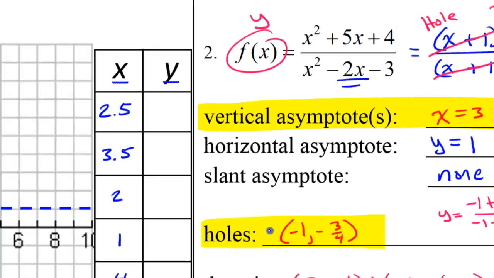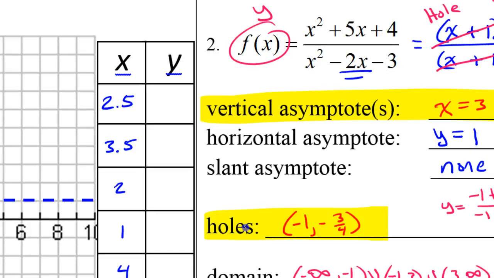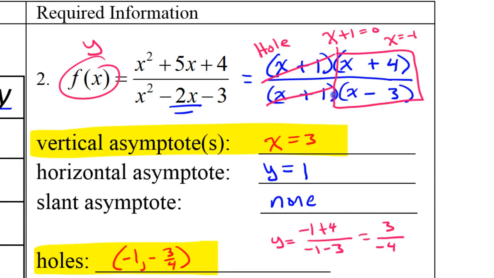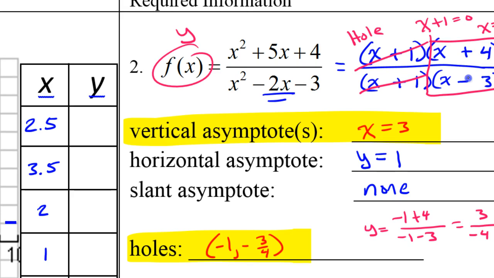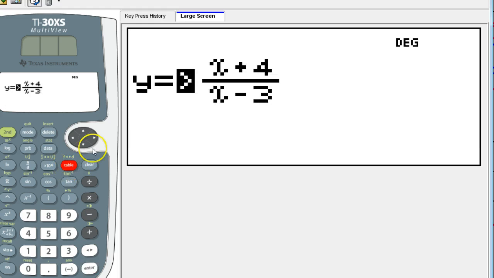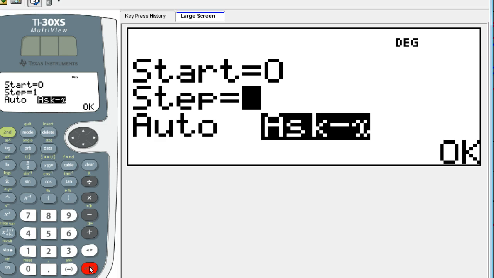Now when I type this into my calculator, it really doesn't matter whether I use my original function or the version after canceling out the hole, because I already have the hole recorded. So everything else should be the same. I might as well use the simple version, (x + 4)/(x - 3), especially since that's what's in my calculator right now. So let's go.